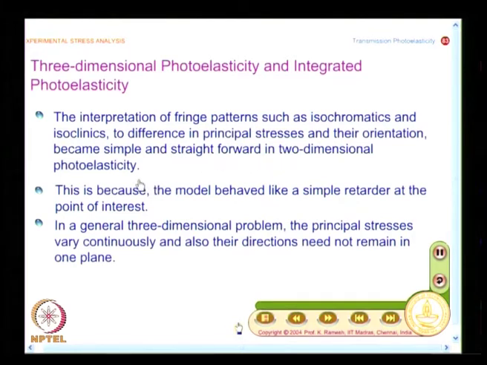We had no difficulty at all. Why is it so? How have we been able to find out that isochromatics represent sigma 1 minus sigma 2 contours, and how isoclinics represent the principal stress direction contour.